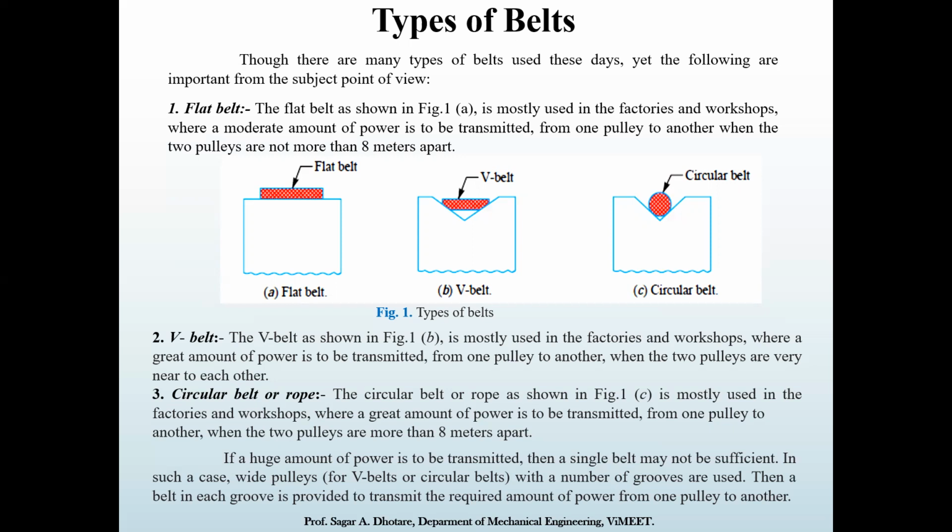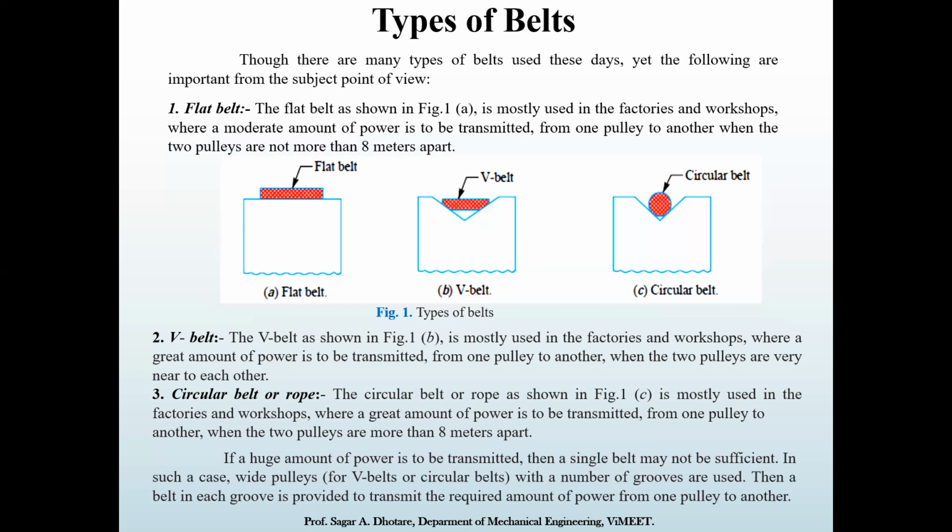You can see this kind of power transmission system in a lathe machine drive also. The next one is a circular or rope belt. These are mostly used in factories and workshops where a great amount of power is to be transmitted from one pulley to another more than 8 meters apart.